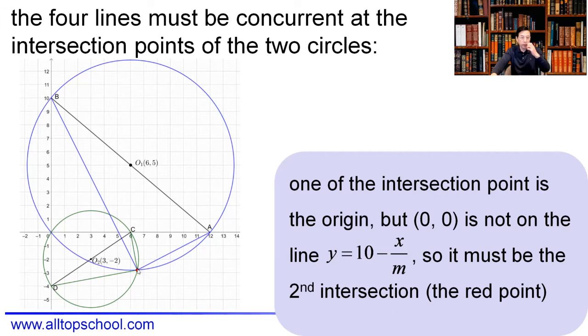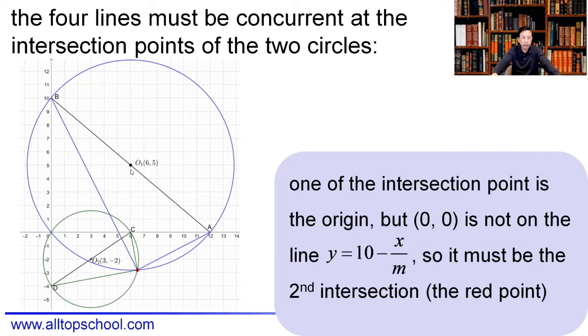So that means we only need to figure out the intersection point of the two circles. We can get it by solving the two circle equations, but that may not be the smarter way to do it. Because these two intersection points have a common chord. The common chord will be intersecting with the connection of the two centers.